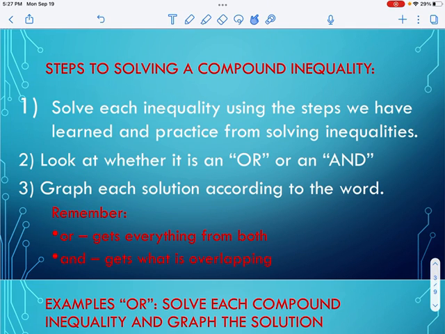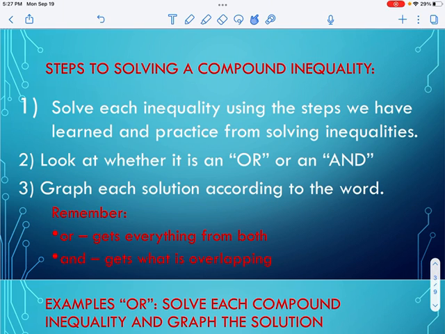Now, the steps to solving a compound inequality are very similar to what we've been doing. The first thing you're going to do is simply solve the inequality using the steps we've already practiced from one-step, two-step, multi-step. Remember that when you solve an inequality, if you multiply or divide both sides by a negative, it flips the inequality symbol. Then the big difference is when you look at what the word is.